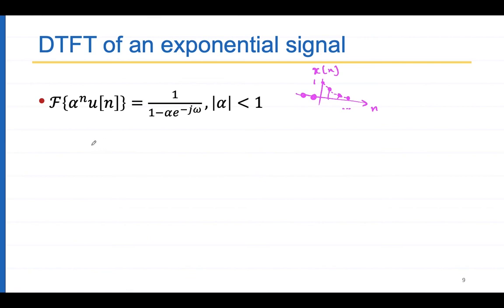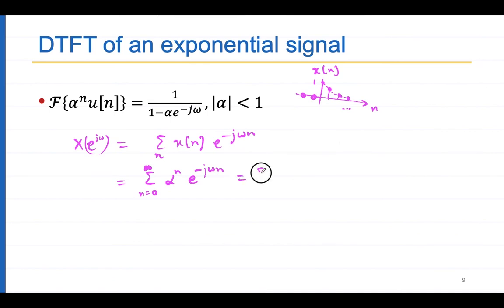So now let's compute the Fourier transform of this. This is equal to summation of x of n e to the power minus j omega n, n going from minus infinity to plus infinity. So this is alpha to the power n u of n, which means my n will go from 0 to infinity now, e to the power minus j omega n.